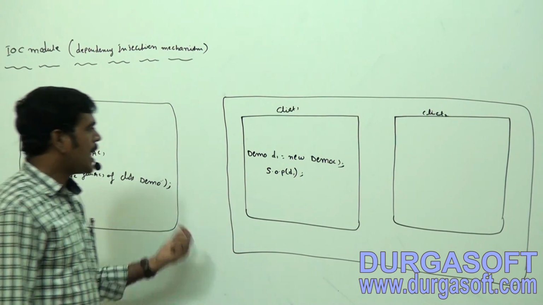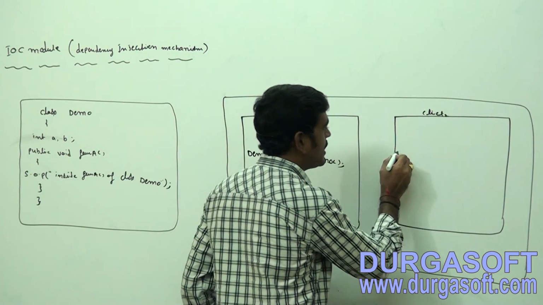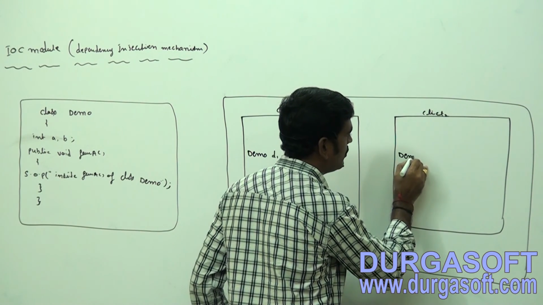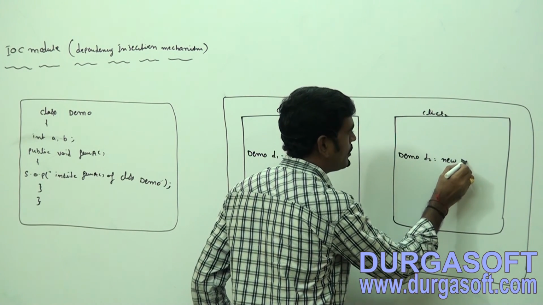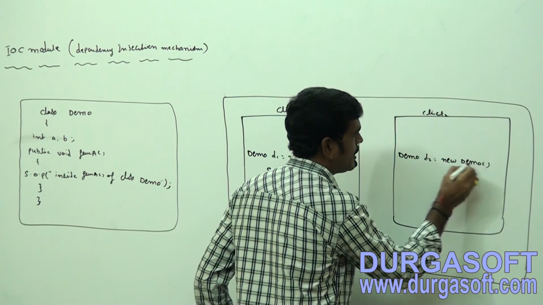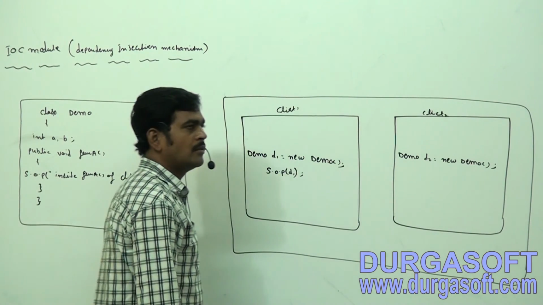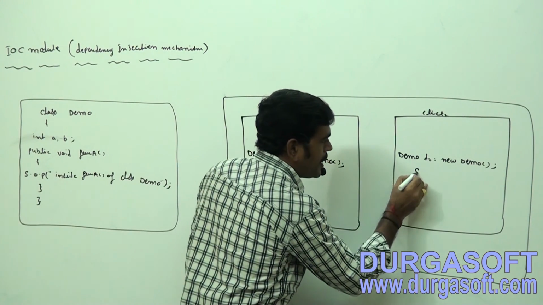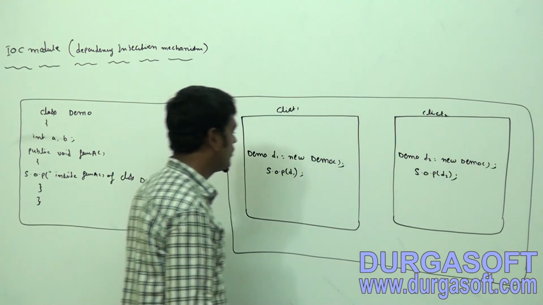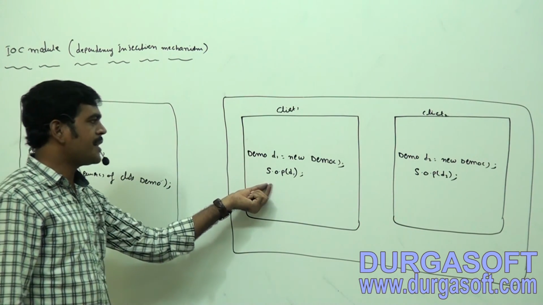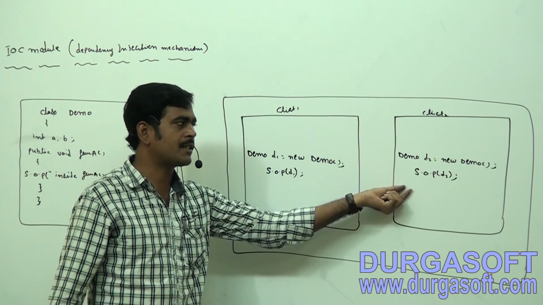At the same time, I create this class object inside client 2: Demo d2 is equal to new Demo. Then I print system.out.println d2. Here I am printing the address, and here also I am printing the address.